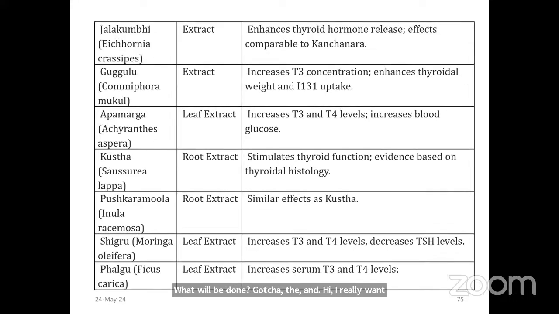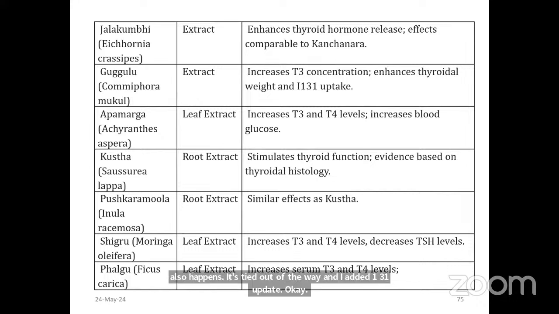Next. Chalkundi enhances the thyroid hormone release, and its effects are comparable or similar to Kachnar. Guggulu increases T3 concentration, and it also enhances thyroidal weight and iodine-131 uptake. Apamarga leaf extract increases T3 and T4 level, and increases blood glucose.